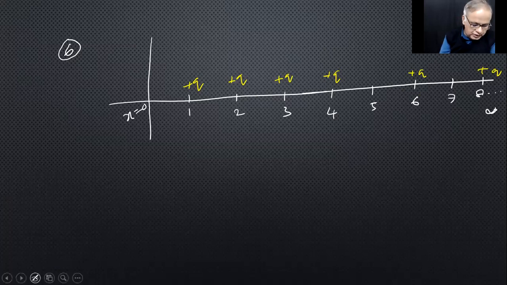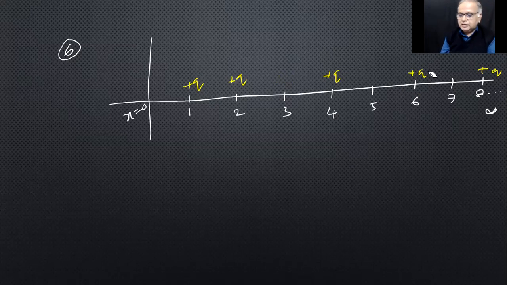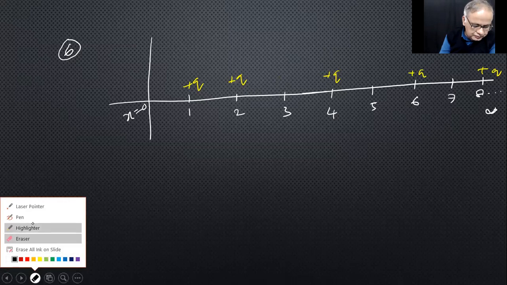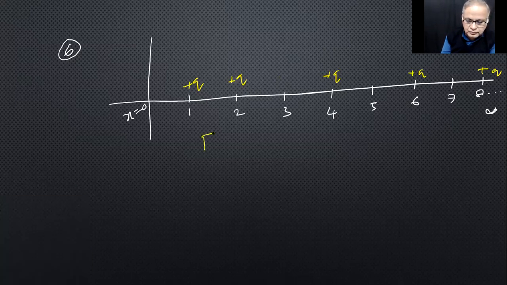Okay, remove 3. So find out the electric field at x equals 0. Find the electric field strength at x equals 0.